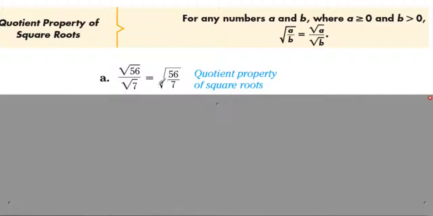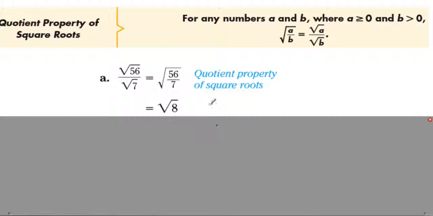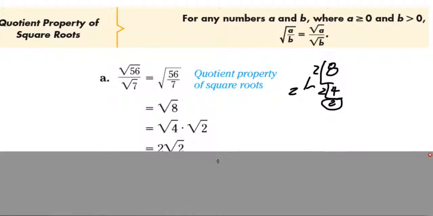That will be equal to just one radical sign, 56 over 7, which is the quotient property of square roots, and 56 over 7 is actually radical 8. If you simplify radical 8, you drop down 2, 4, and 2. Pair that up, that's your 2, that goes out of the radical sign, and this one doesn't have a pair, so it's 2 radical 2 right there.